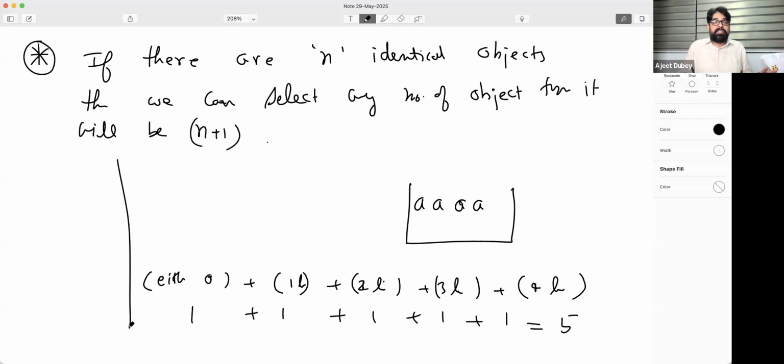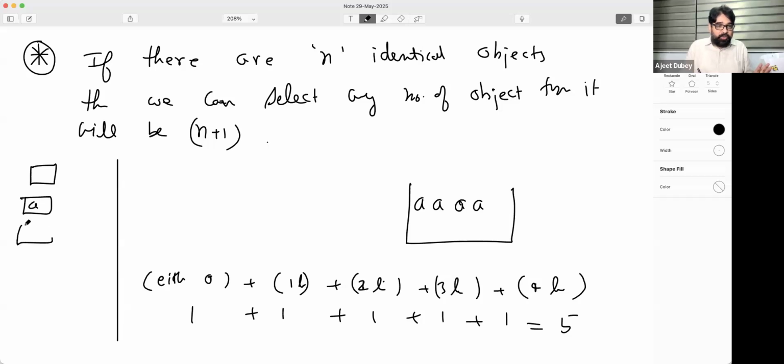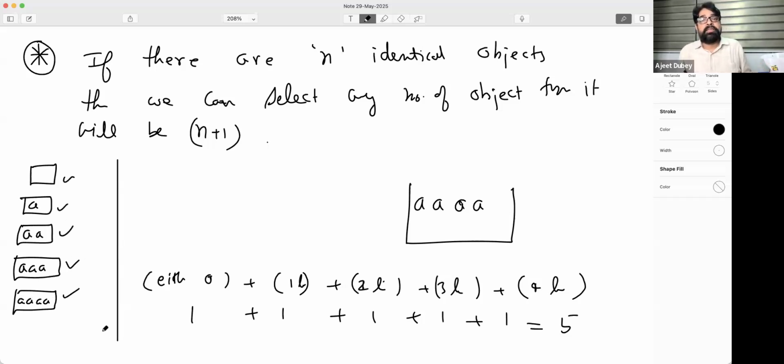You can see manually also why 5: either nothing, or 1A, or 2A, or 3A, or 4A. The total number of ways is 5. Yes or no?